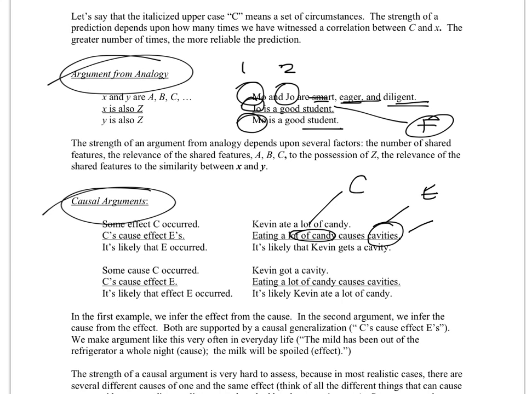If the cause has been determined and you have this generalization, you can, on the basis of that, infer that the effect will occur. But you can also argue in the other direction. On the basis of having a certain effect, in other words, getting cavities, and with the same generalization, eating a lot of candy causes cavities, you can infer the cause.